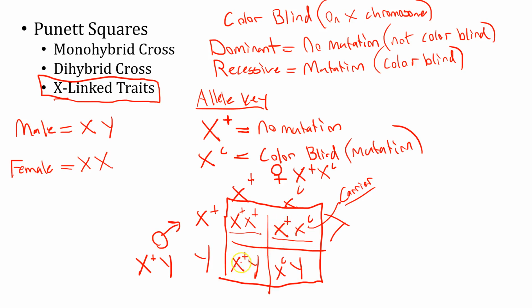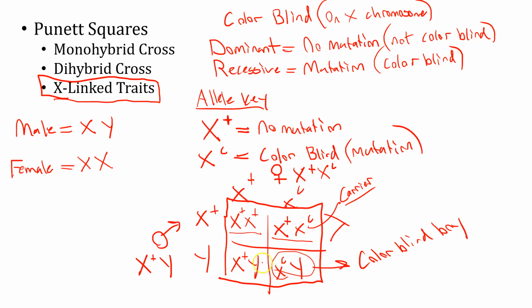If we look at the boys that could be born from these combinations, if this egg met this sperm, then that would lead to a baby boy, because he gets the Y chromosome and has 1 normal X chromosome, so no color blindness in this boy. But this boy here, if this X met this Y, then it would be a colorblind boy.